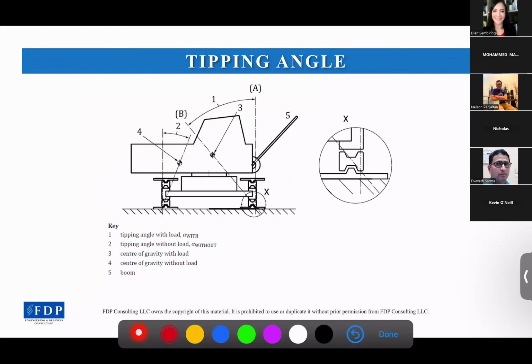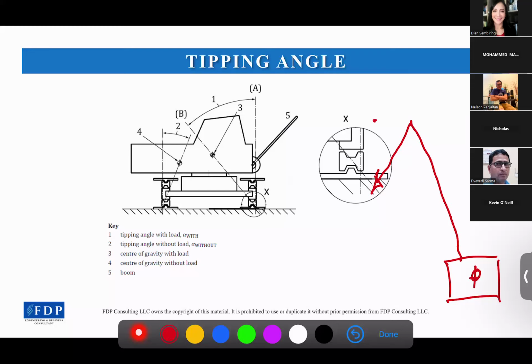That's why we never allow having a tilting on the load during lifting, because this potentially could pull the COG higher than we calculated.